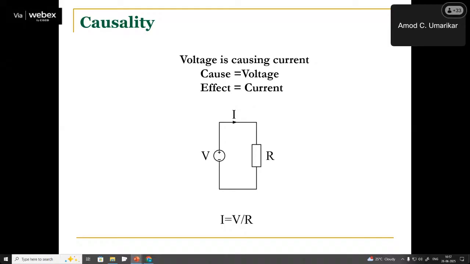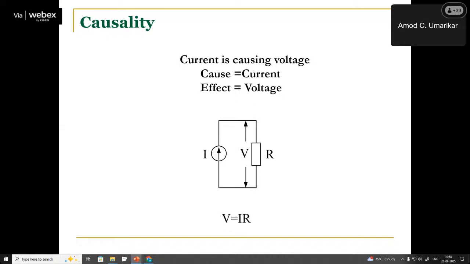For causality, for example, here I have applied a voltage source across the resistor. What causes current? Voltage is causing current, right? So cause is voltage, effect is current.